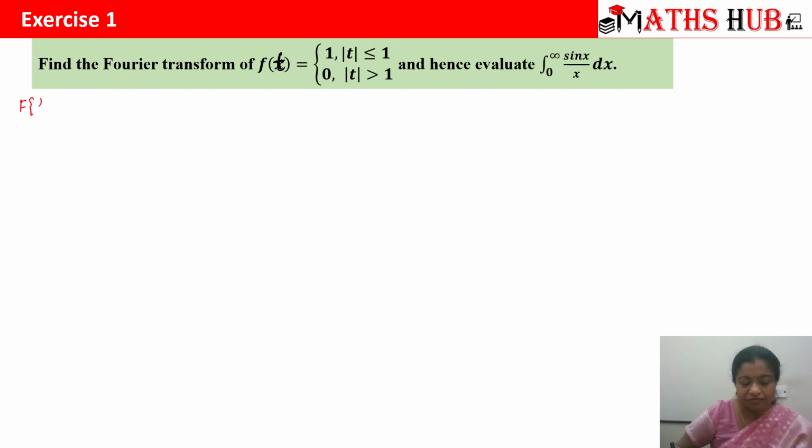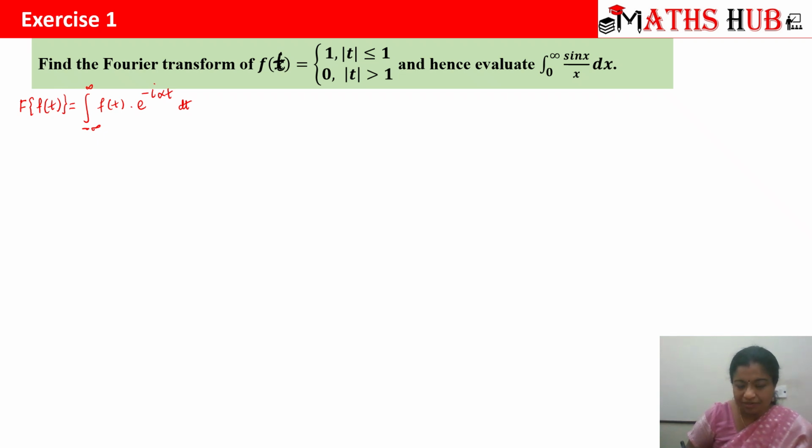So the Fourier transform for this function f(t) is given as the integral from minus infinity to infinity of f(t) times e to the power minus i alpha t dt, right? Now in certain books, I told you in the very beginning also, when you calculate Fourier transforms and inverse Fourier transforms, there is one factor of 1 by under root 2 pi.